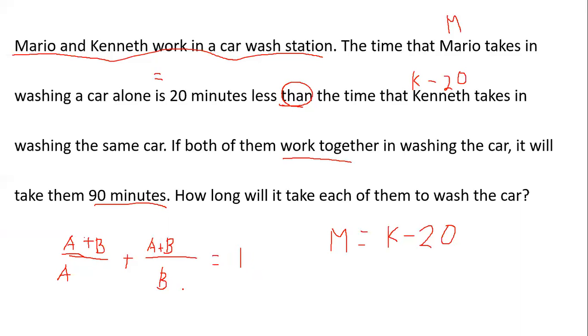So, if you are going to make use of that, then we have 90 minutes. That is the time of Mario and Kenneth. And 90. The time of Mario is M, while that of Kenneth, sorry, is K. And that is equivalent to 1.